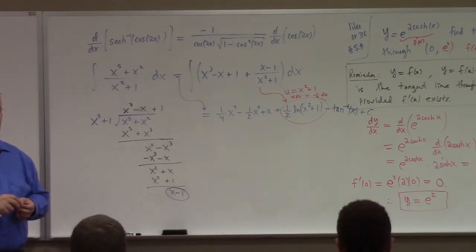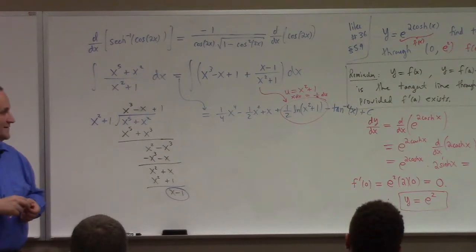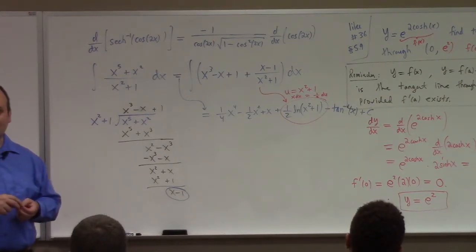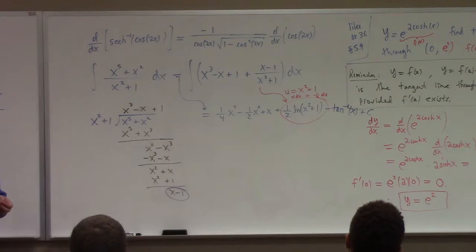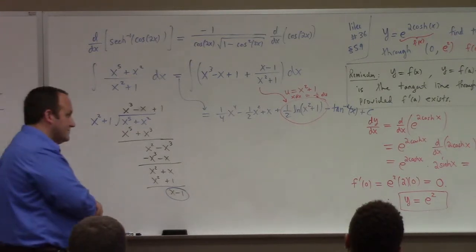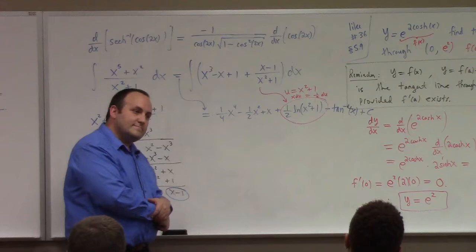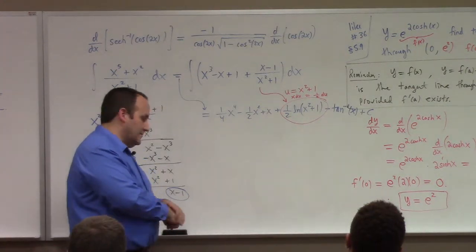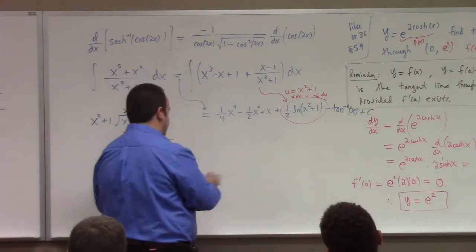Or if you really love trig substitution, you can make an x equals tangent theta substitution. Wait, if you use the whole term for your u, like the entire denominator, wouldn't that just, sorry, like, so I get that you get 1 over u where you get the ln.